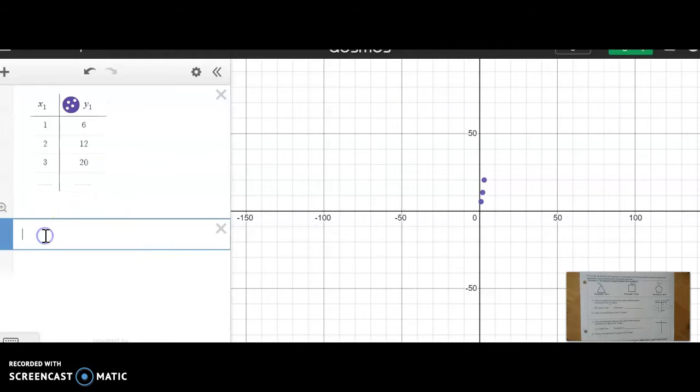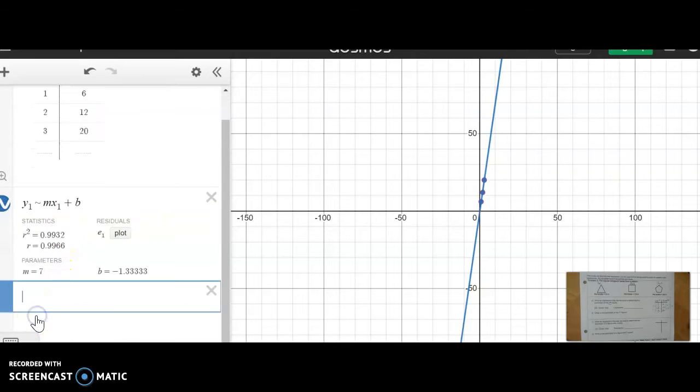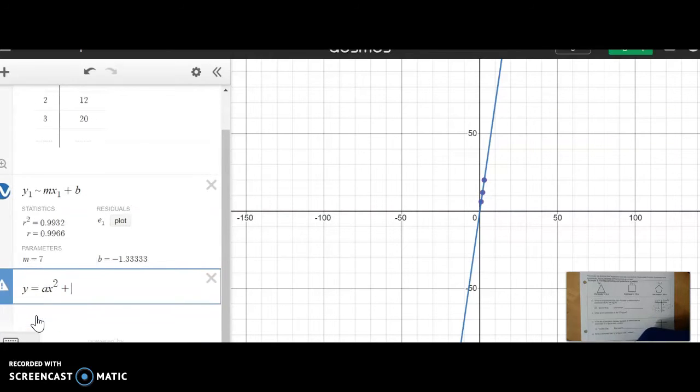And then we are going to check if it is linear. Y equals mx plus b. We need the 1s. So it'll give it to us 0.9932. That's pretty strong. Okay, now we're going to do quadratic. Oops. Y equals ax squared plus bx plus c. And then we're going to have to put in our 1s.